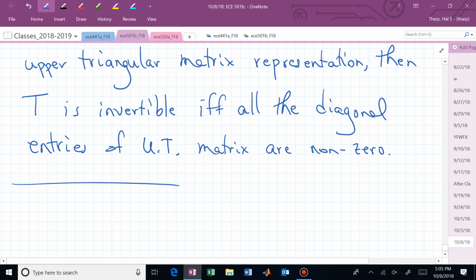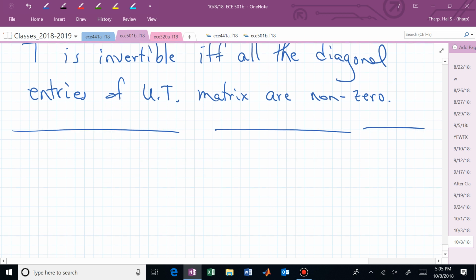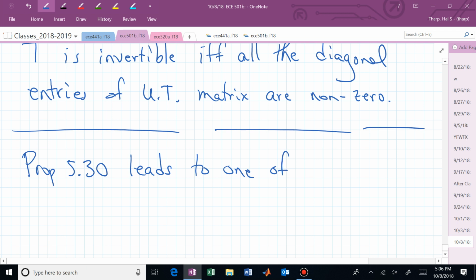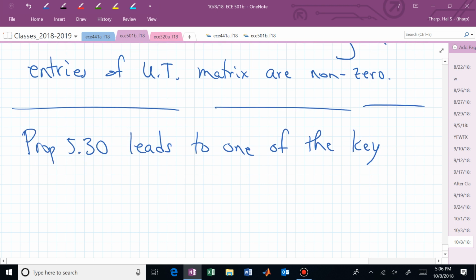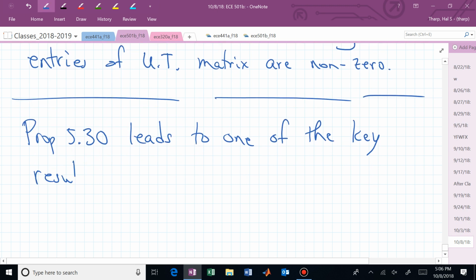Now, this particular proposition, Proposition 30 that we just wrote down, leads to one of the key concepts or results in this chapter.